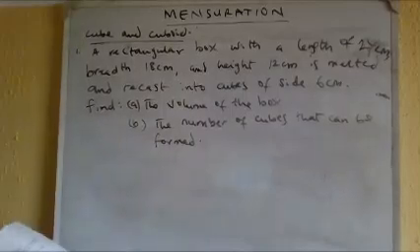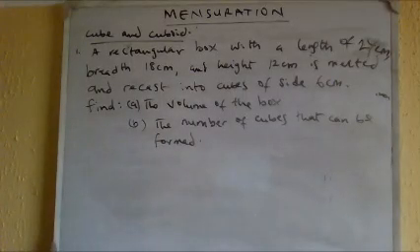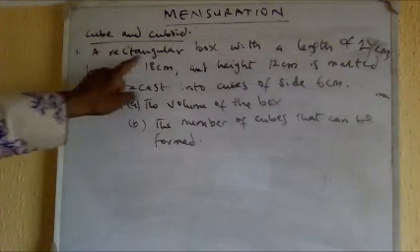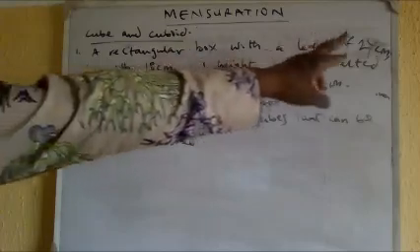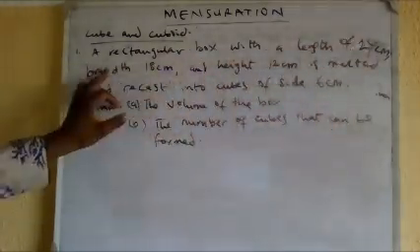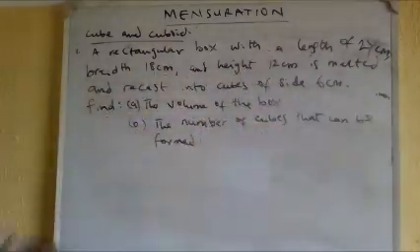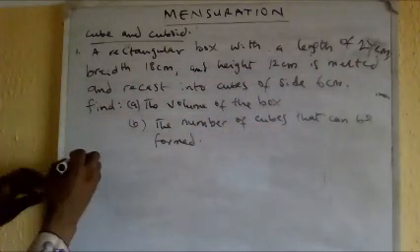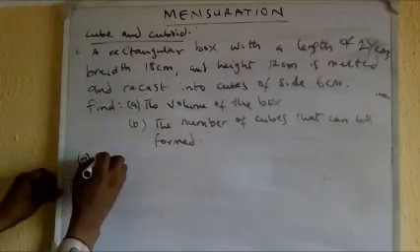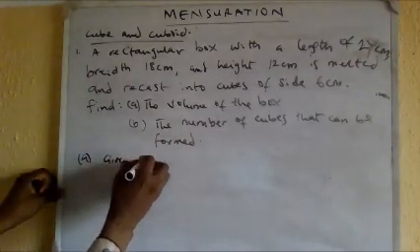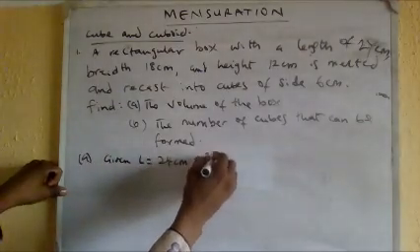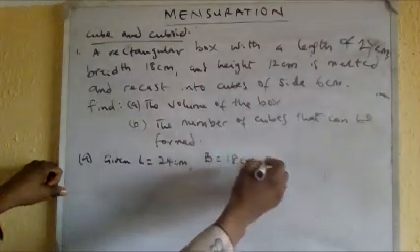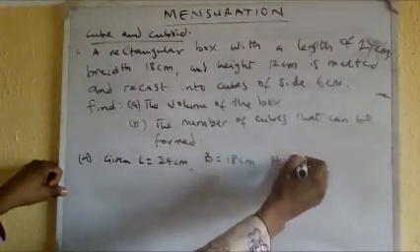Okay, so this is another practical example. It says a rectangular box with a length of 24 cm, breadth 18 cm, and height. So we are given that L is equal to 24 cm, breadth is equal to 18 cm, and height is equal to 12 cm.